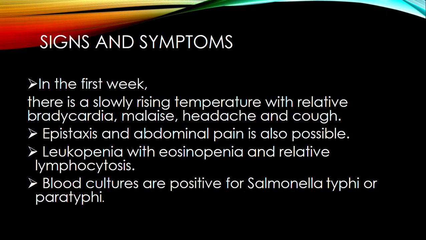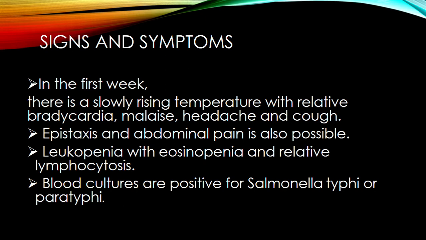So in the first week, there is a slowly rising temperature with relative bradycardia, malaise, headache, and cough. The signs and symptoms are not severe. There may be epistaxis and abdominal pains. Also, leukopenia may be present with relative lymphocytosis.